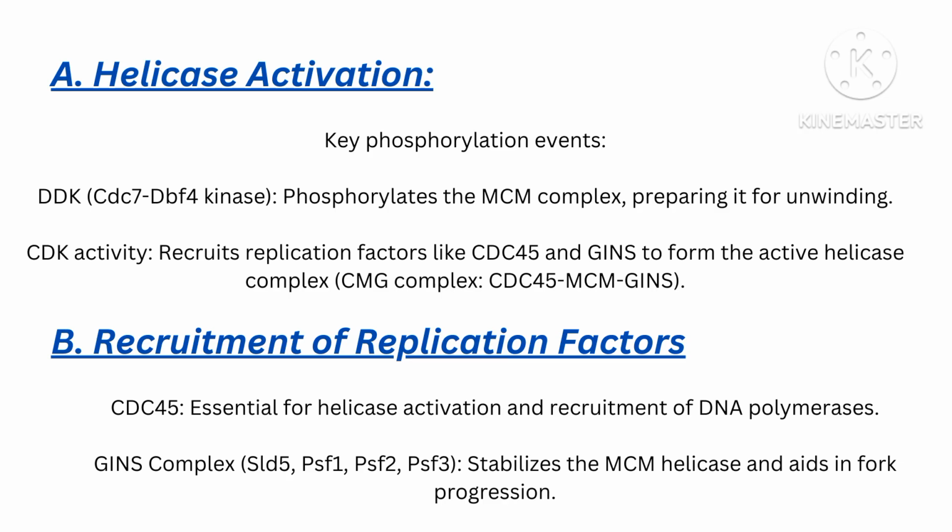Once phosphorylated, the MCM helicase recruits additional factors to form the active CMG complex. CDC45 is essential for helicase activation and recruitment of DNA polymerases. The GINs complex, SLD5, PSF1, PSF2, PSF3, stabilizes the MCM helicase and aids in fork progression.